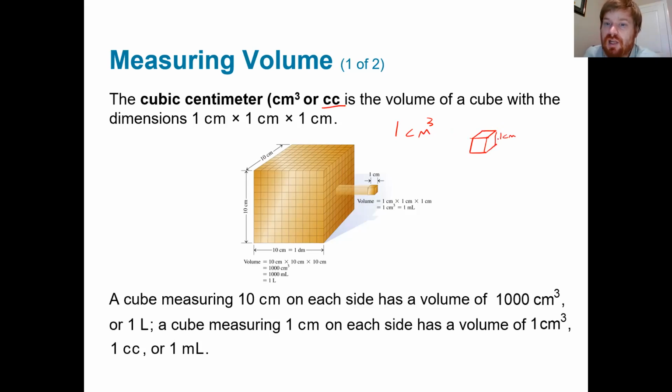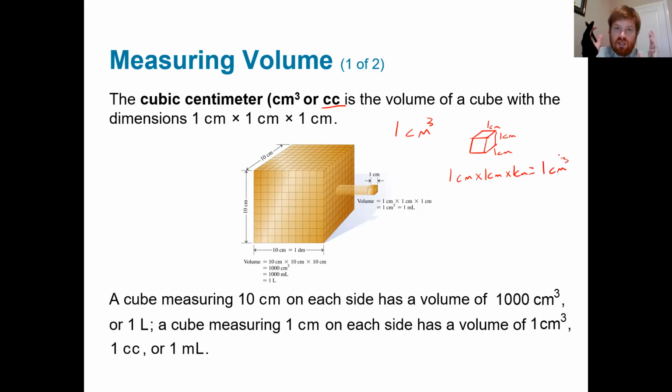This one has a height of 1 centimeter, a length of 1 centimeter, and a width of 1 centimeter. So 1 centimeter times 1 centimeter times 1 centimeter, right? Because to get the volume of a cube, it's just the length of the cube cubed. So 1 centimeter times 1 centimeter times 1 centimeter, that's 1 centimeter cubed.